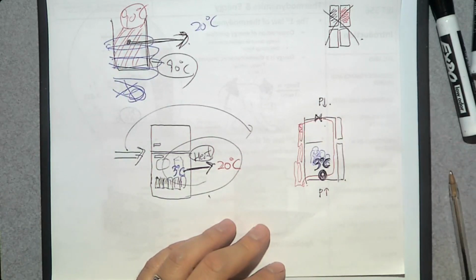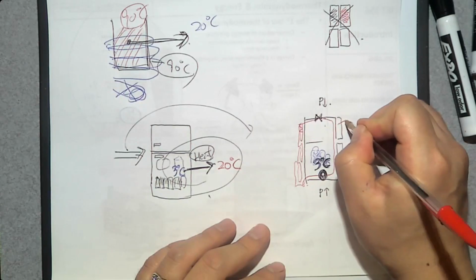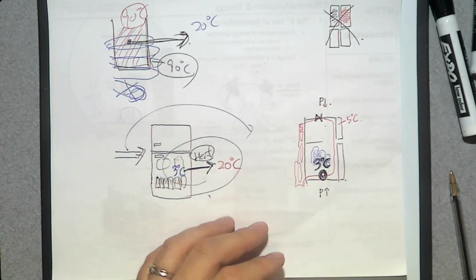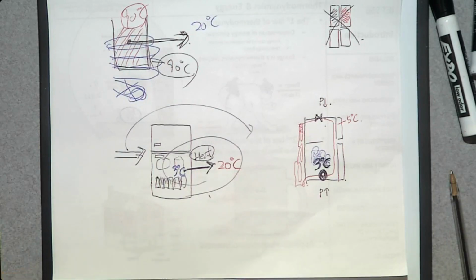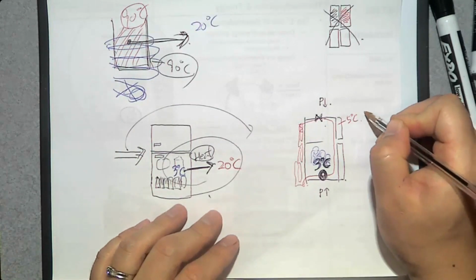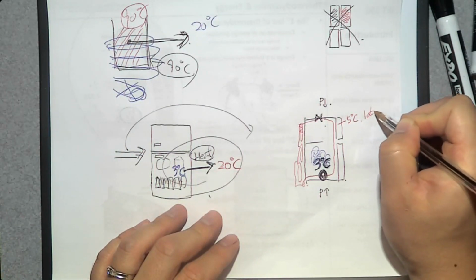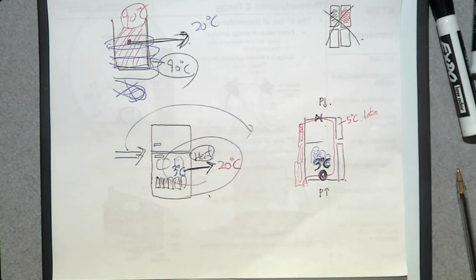Let's say it enters at minus 5 degrees Celsius. When we talk about temperature in thermodynamics, we also need to talk about pressure. I'm going to talk about that later. And the pressure of this refrigerant at the beginning is going to be 1 atmospheric pressure.